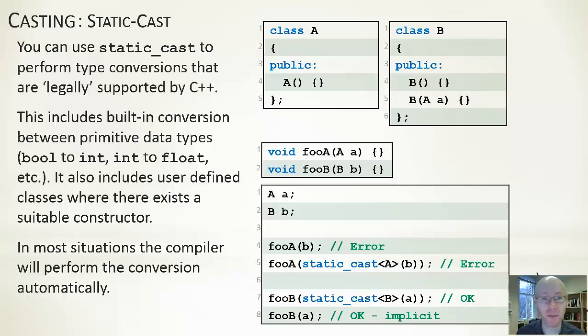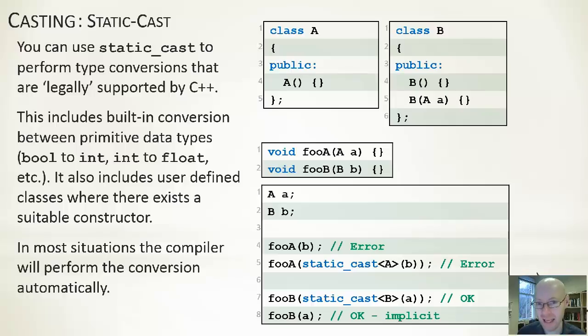And there is. We've defined that constructor at line 5. So what happens for that particular static cast is that we create a new B, we make use of the constructor where you pass in an A, and then when that class is constructed, it gets passed into foo B. So that's an R value. It's a temporary, one that we don't get access to, but it is actually created.